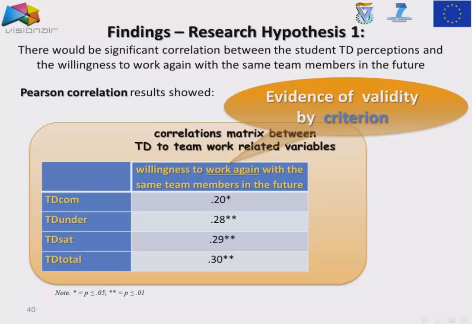I said small evidence because they are not the same. Measuring the understanding distance is not similar to wanting to work with the same people, but it's something. Those measures are reflecting each other.